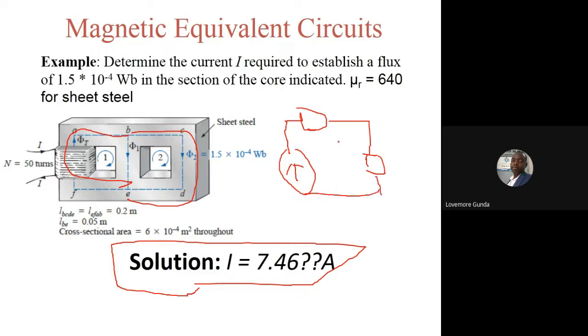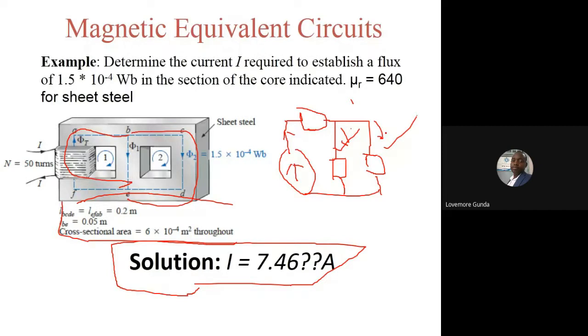Then we have another reluctance in the center leg. Right? So you can calculate this reluctance and that reluctance from the dimensions given there. Then after that, MMF over total reluctance will give you the flux, just like the current.